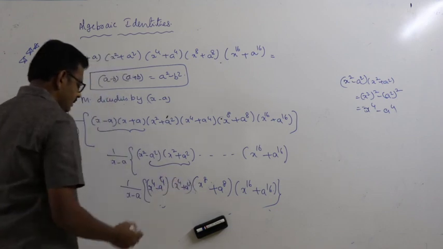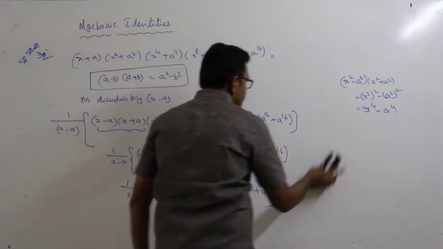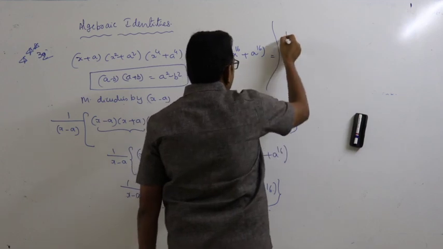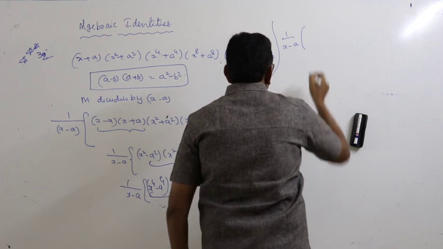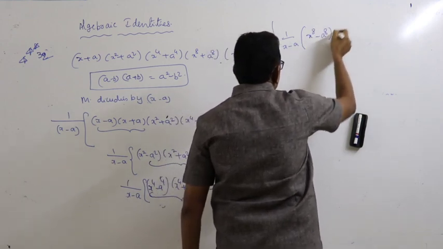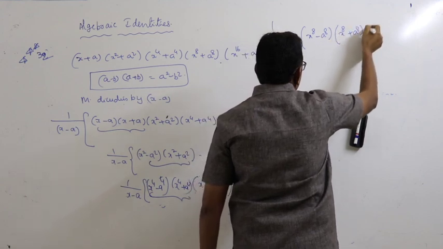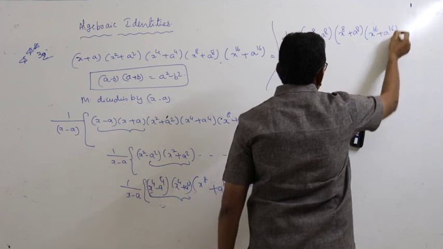Again these two together, so that is 1 by x minus a, into these two together: x to the power of 8 minus a to the power 8, into x to the power of 8 plus a to the power 8, into x to the power 16 plus a to the power of 16.